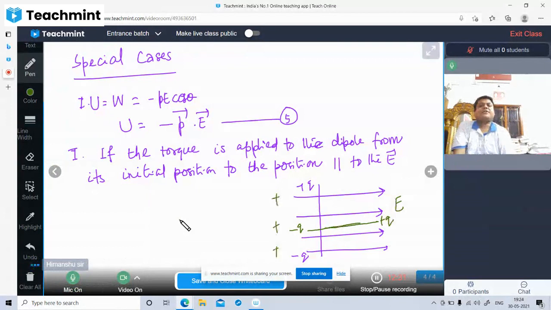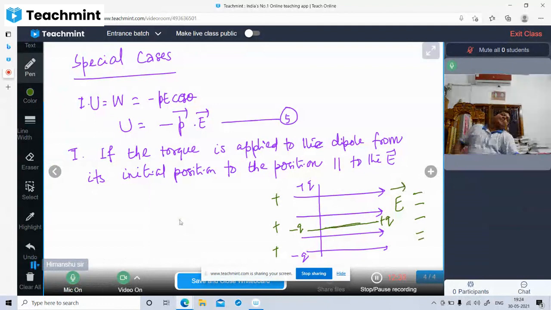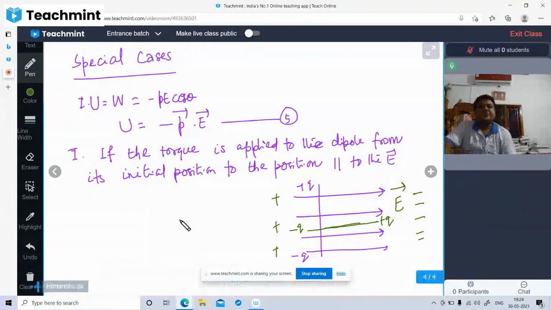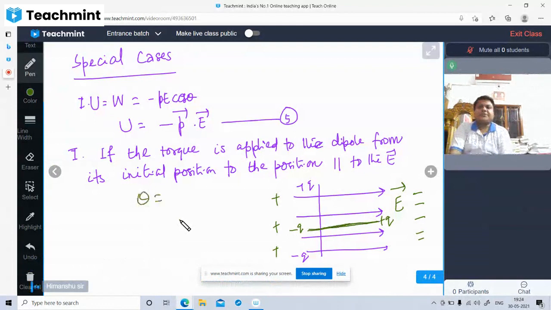Here it is plus, here it is minus, as the electric field is always coming out from the positive charge and terminating at the negative charge. Understood? So this is the dipole's final position. The initial position is theta equal to 90 degrees.